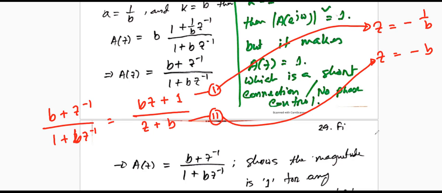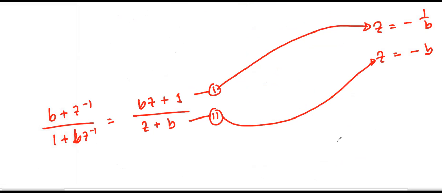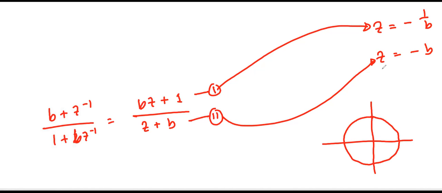And if you want to draw the pole and zero location, this is the unit circle. So let's first put the pole location. This is the pole location. Of course, that is less than 1. So let's say this is minus b, and we have 1 minus b. Here, let's say this is our zero, which is minus 1 by b.